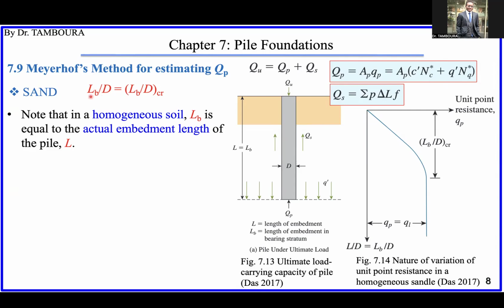Then you take this LB and divide by the pile diameter to get this ratio.